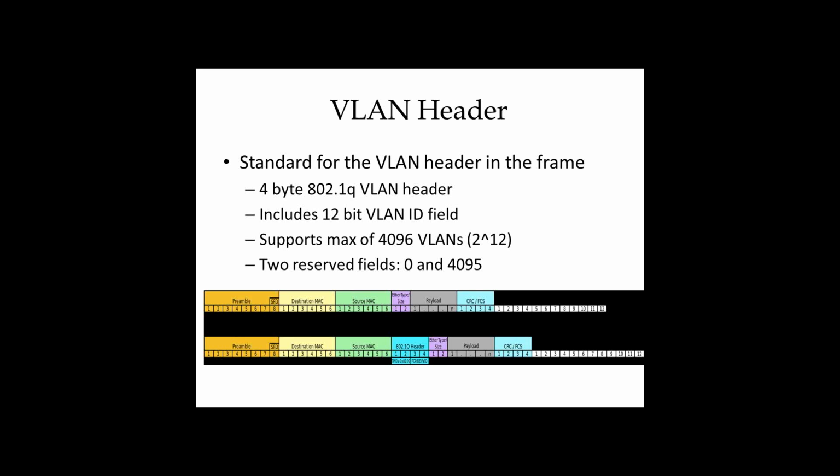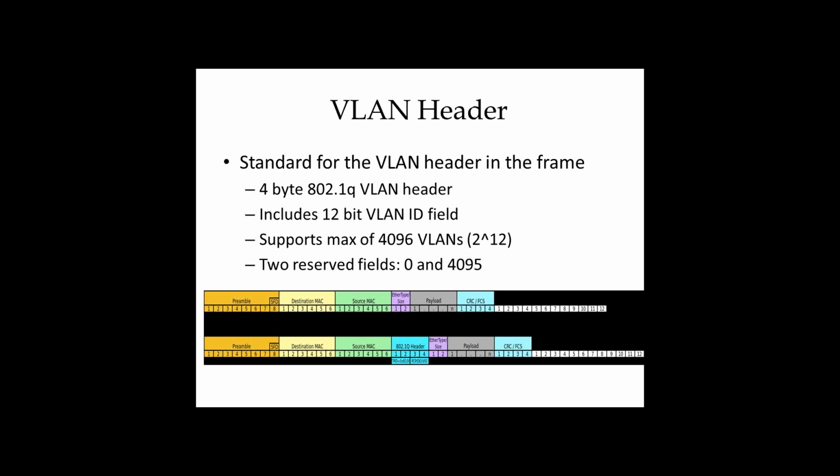So we can have up to 4096 VLANs, or technically 4094, since 2 of those numbers, 0 and 4095, are reserved. In most environments, unless you're a service provider, you'll never get anywhere near using up that number of VLANs. But that is how frames are tagged with a VLAN.